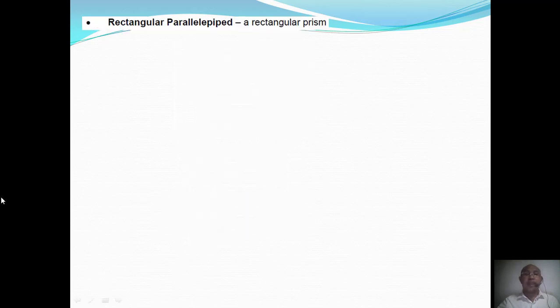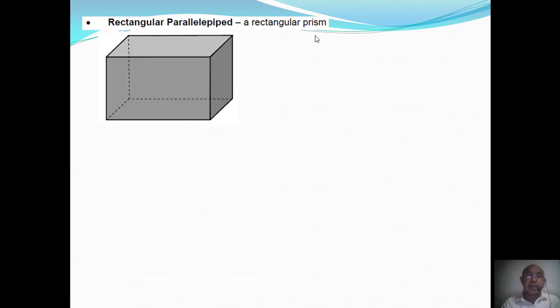Next problem, we have the next solid. We have a rectangular parallelepiped. Still in prism, okay. So a rectangular parallelepiped is a rectangular prism, a prism with a rectangular base. So we have it here: length, width, and then height.